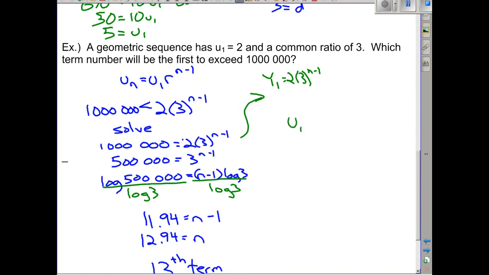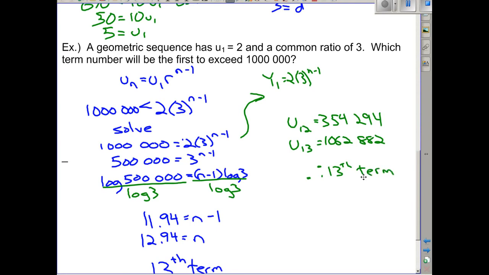So I could show that U12 is from that little table 354,294, and U13 is 1,062,882. Whole bunch of different approaches here. I kind of like the logarithmic one best, but it's up to you.